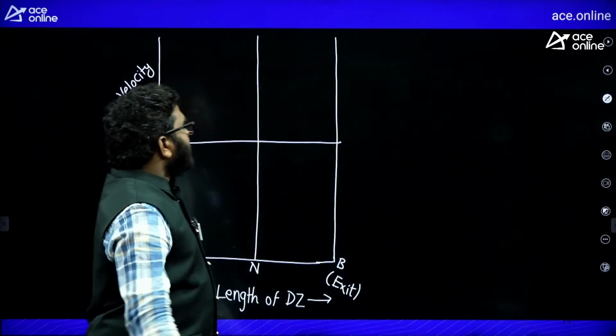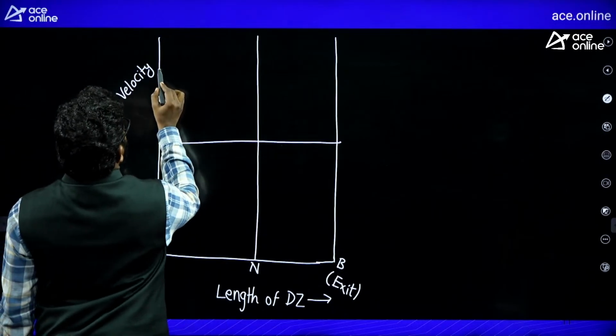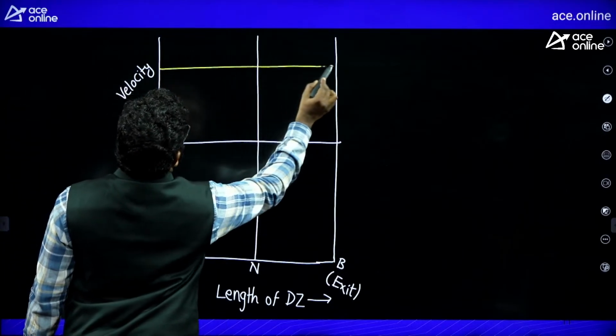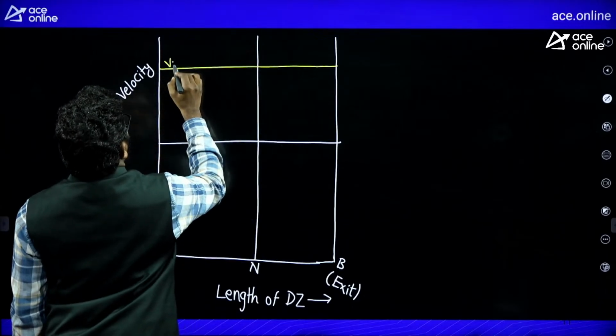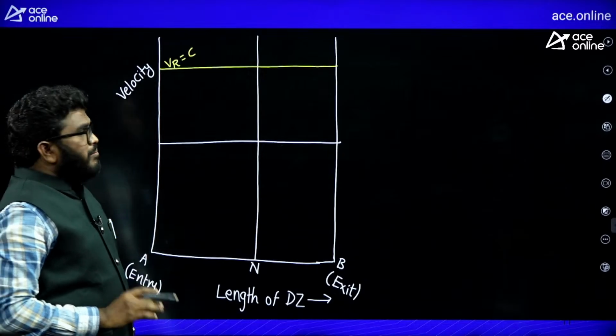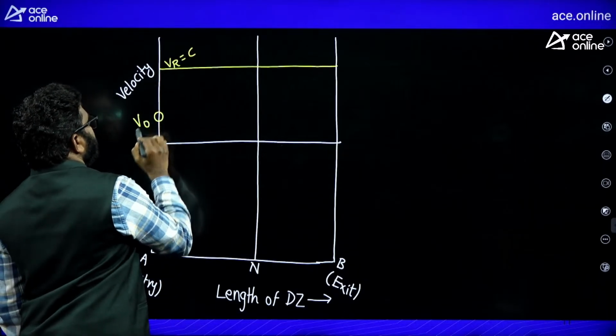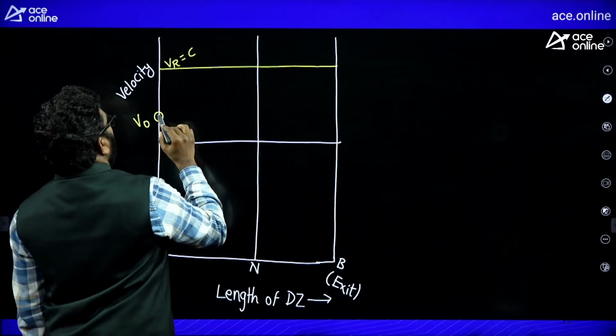Now listen carefully, the roller velocity is constant. See here, this is the roller velocity, VR, which is constant. But the strip velocity V0 is minimum, and it keeps on increasing.